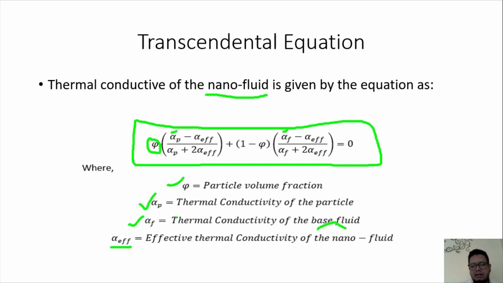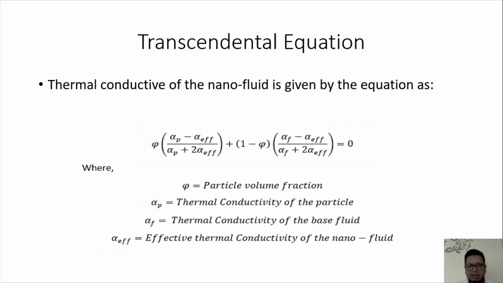When you disperse these nanoparticles in the base fluid, you get a nanofluid. So what will be the thermal conductivity of the nanofluid? This equation represents how to find it.